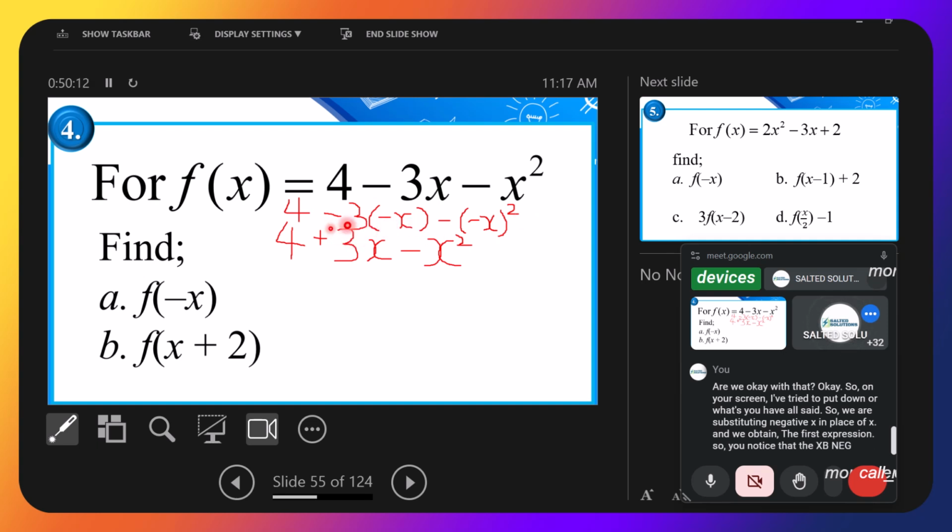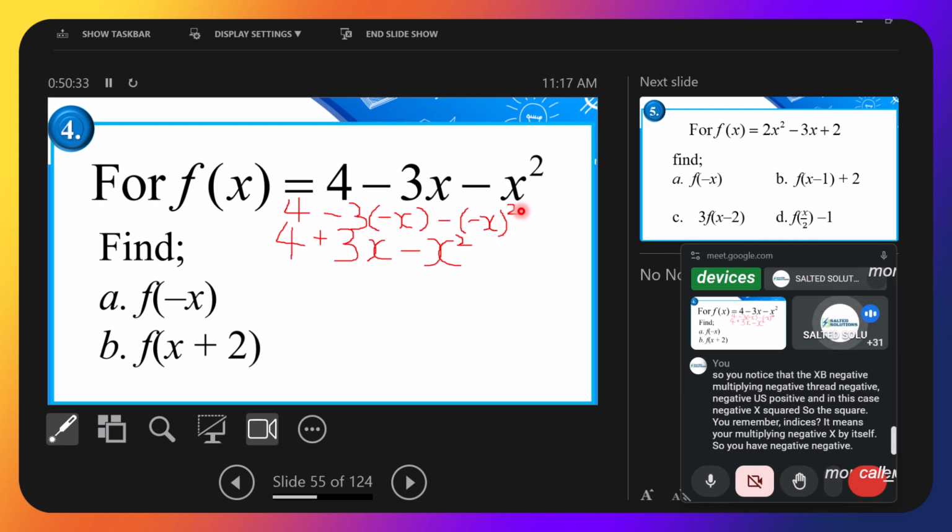Negative, negative should give us positive, and in this case, negative x squared. So the square, you remember indices, it means you are multiplying negative x by itself. So you have negative, negative.